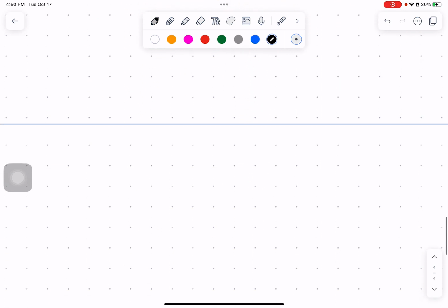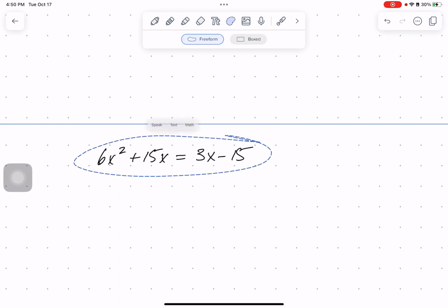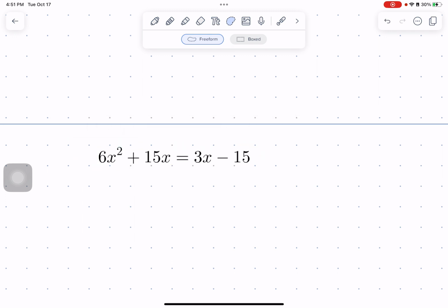Okay, the next one is 6x squared plus 15x equals 3x minus 15. Boom, there it is. Nothing's changed. It's the same game in town.